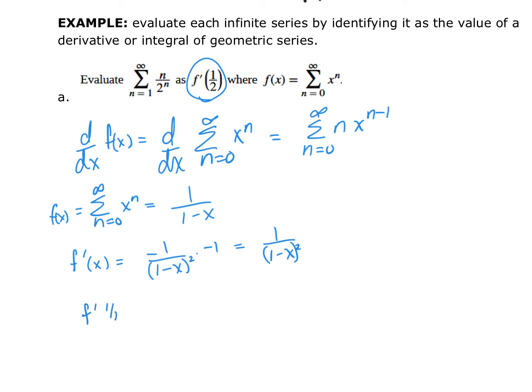F prime of 1/2 is going to give me 1 over 1 minus 1/2, the quantity squared, which is 1 over 1/4, which gives me 4.